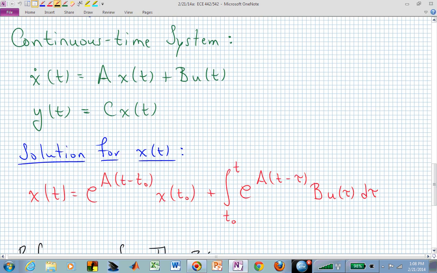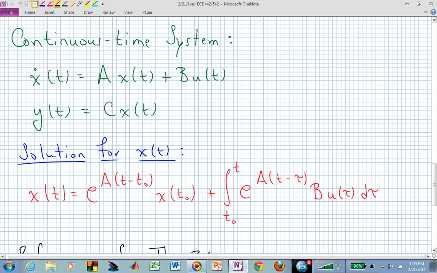The expression relates an initial time vector, x at t naught, that evolves over some interval of time, little t, from t naught, and that evolution from that vector x of t naught is propagated through this matrix exponential e to the A times this scalar interval of time, little t minus little t naught.